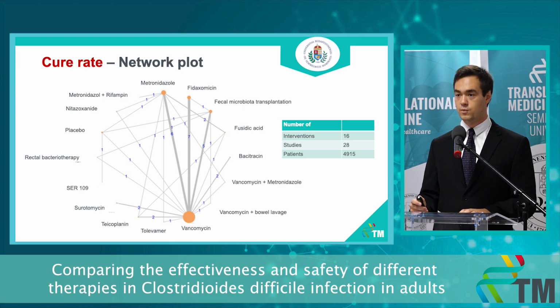So for example, here vancomycin was included in the most. Every edge shows different comparisons among different kinds of therapies against C. diff infection, and the number above it represents how many articles included these comparisons. For this analysis, we included 16 interventions from 28 studies, and a little bit less than 5,000 patients were included for it.